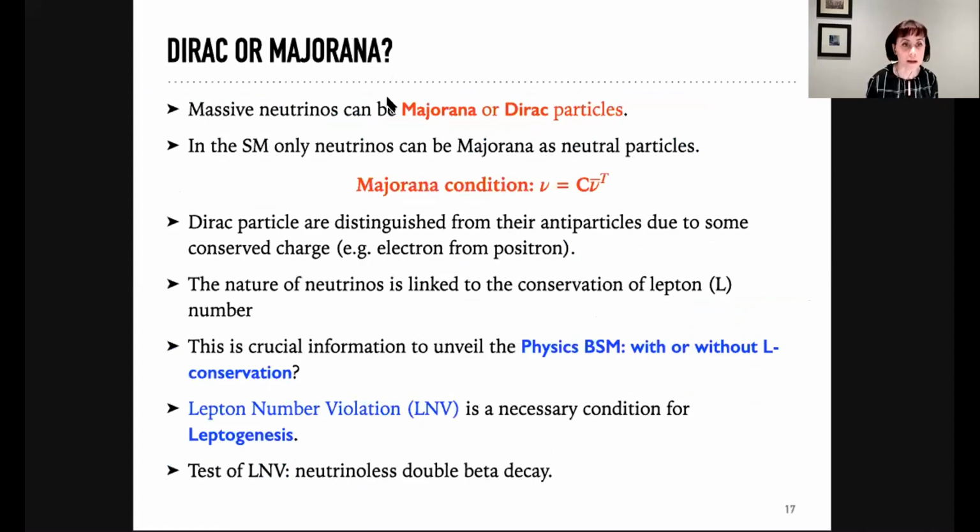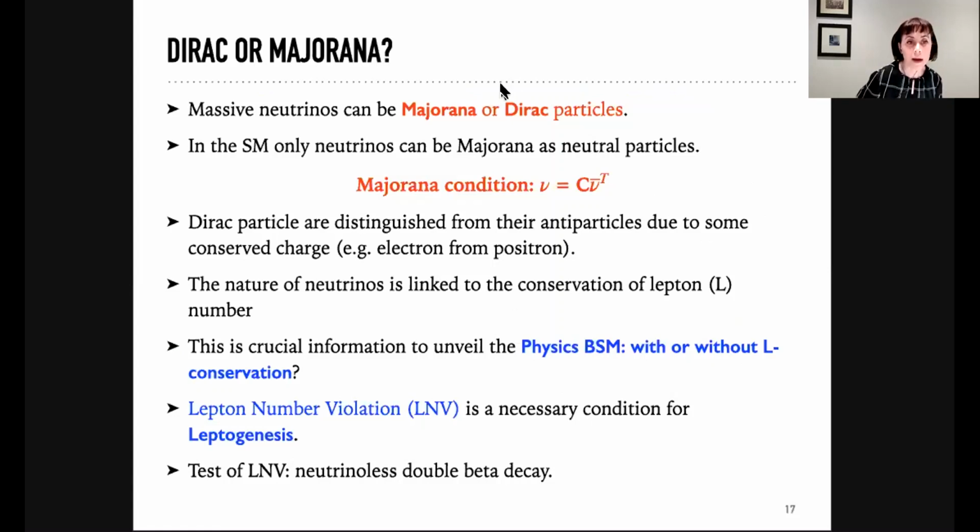And sorry, I go back quickly to the lepton violation we were mentioning. The lepton violation is what we'll discuss later. That means whether neutrinos are Majorana or Dirac. If they are Majorana, they have lepton number violation. That is what we are looking at.